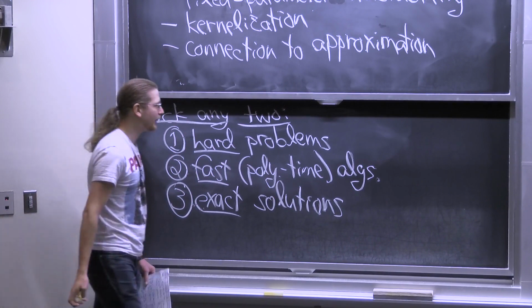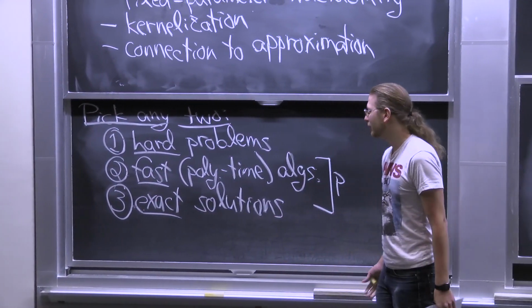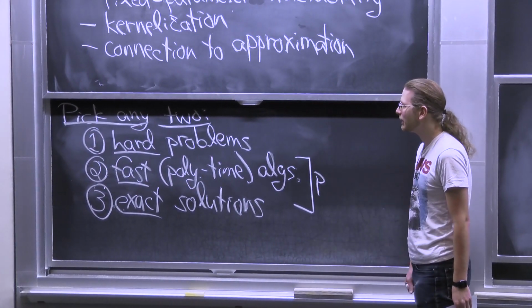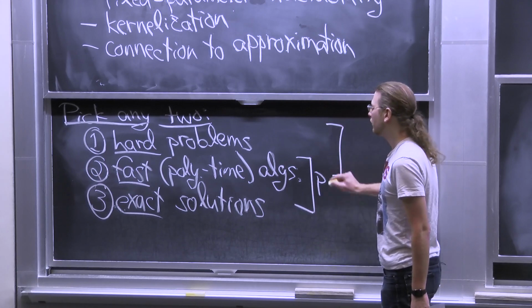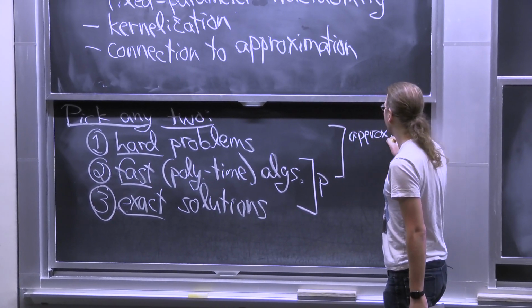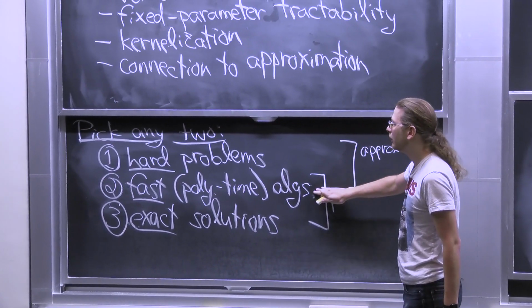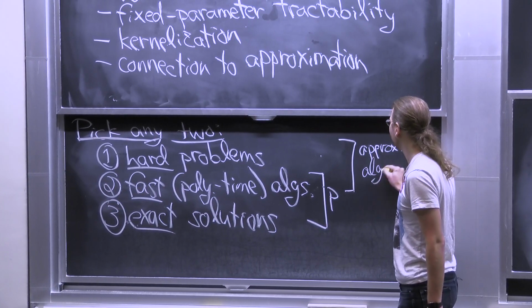So most of this class is about these two. Polynomial time algorithms give you exact things. That's the class P. Last lecture was about hard problems. We drop exactness. We still want polynomial time. We still want to solve hard problems, so this is approximation algorithms.